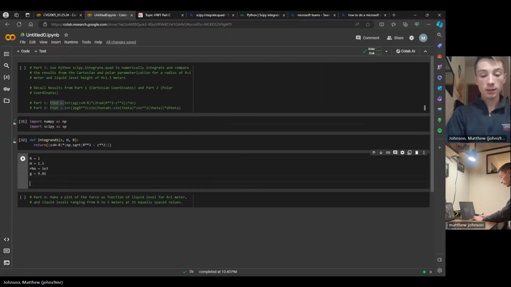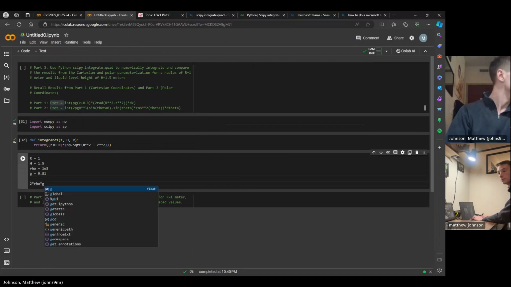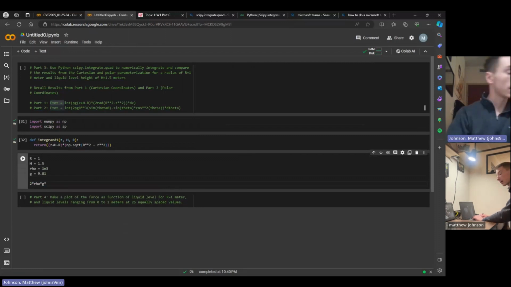Now to do the integration. We brought our constants out of the integrand, so we have to bring those back in. So we're going to do 2 times rho times g. Anything else? I think that's it. Yep, times. Now we can do the integration.